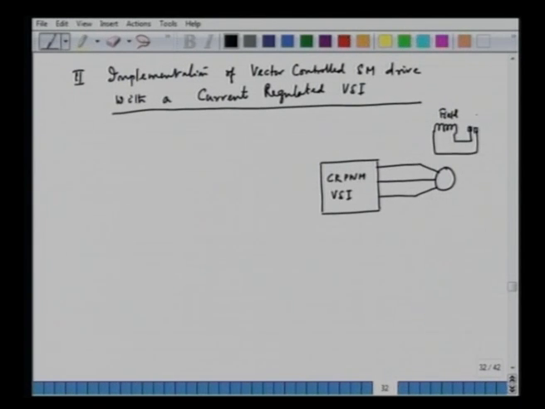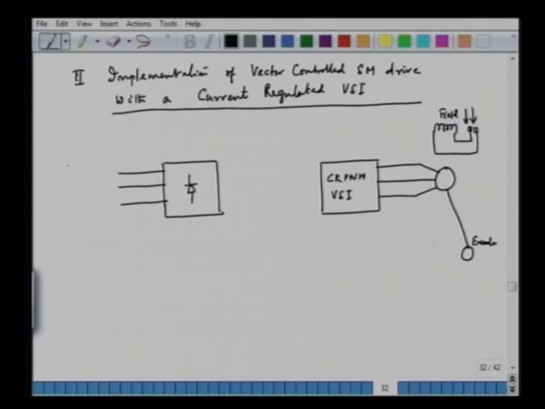So, we can have the field current here, we have a separately excited field winding here, and then we will have the encoder for the position feedback, and this VSI is supplied from a rectifier, an uncontrolled rectifier bridge. It could be a 3-phase bridge.